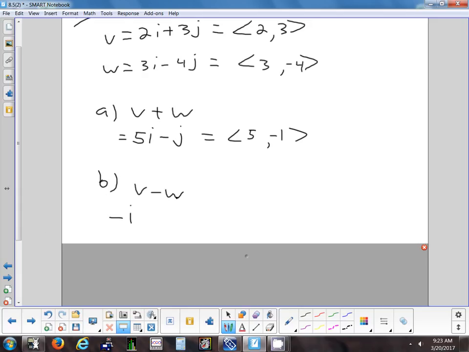What letter there represents the up and down, the i or the j? The j. So the vertical component in v is 3. And how about in w? No, careful. Negative 4. And when you subtract those two, what do you get? 7. 3 minus negative 4. So we get plus 7. And what letter would go after that? Yep, j. Okay. So negative i plus 7j.